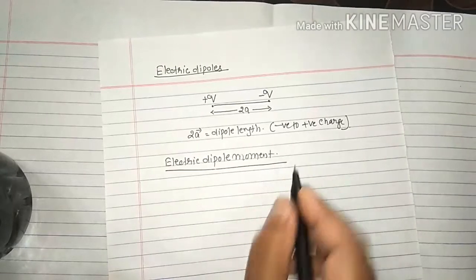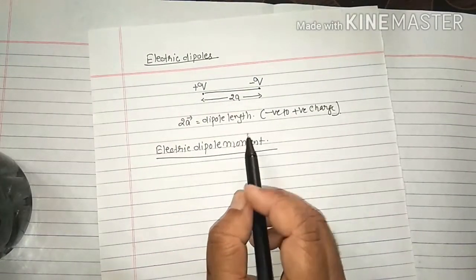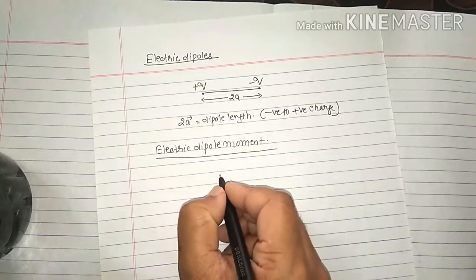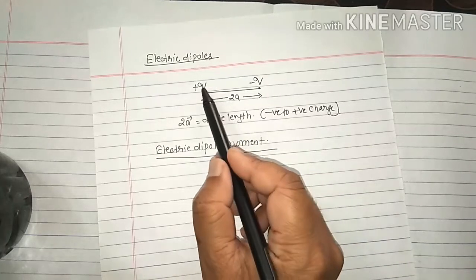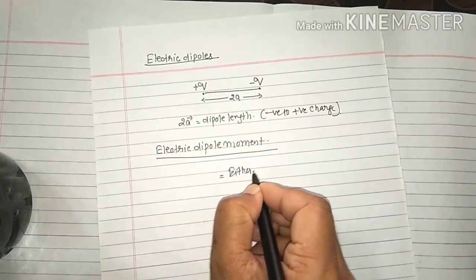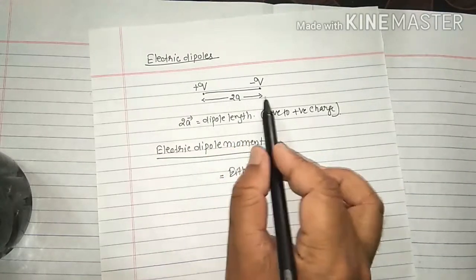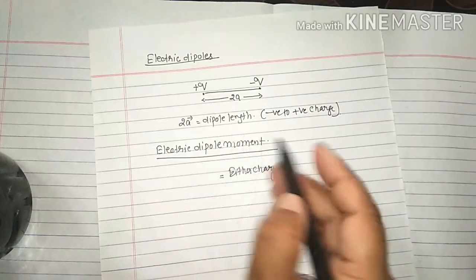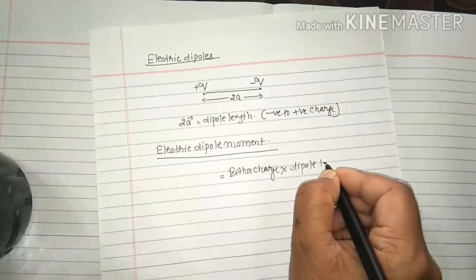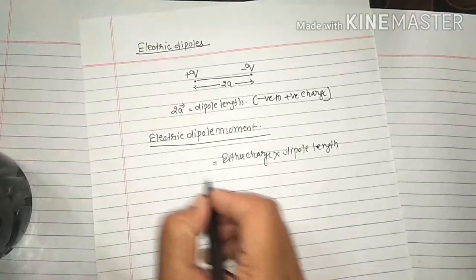Electric dipole moment basically measures the strength of electric dipole, which is defined as the product of either charge and the separation between these two charges, which is the dipole length.